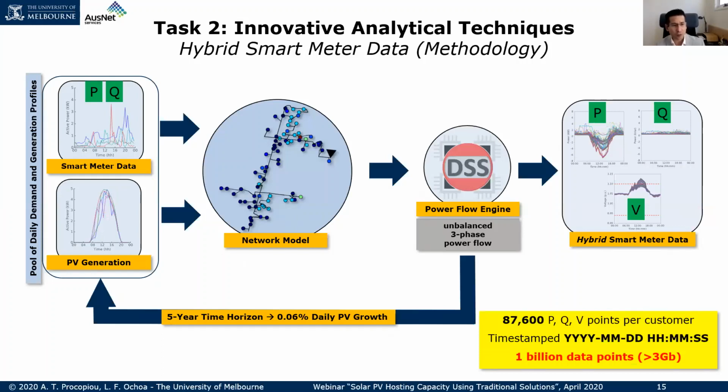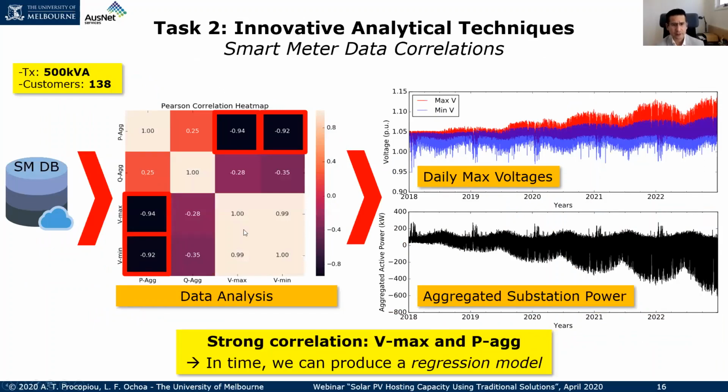And with all this data, we were in a position to start understanding, for different penetrations of photovoltaics, what data could be used to predict or estimate the hosting capacity of each network. That's precisely what we did in this task. This slide shows that we end up with so much data, but we figured out that the data that was mostly correlated was the maximum daily voltage of a given low voltage network.